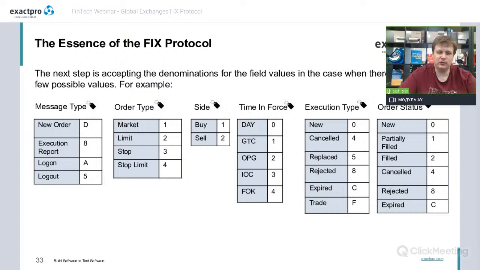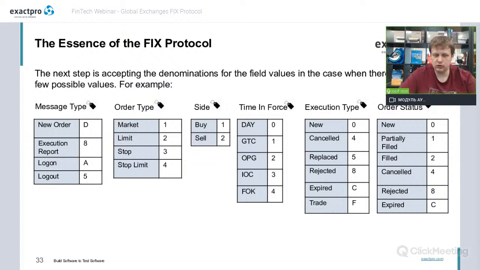For example, for the message type, it can be new order, execution report, log on, log out, and some more. But the selection of message types is limited. So we can use shorter values to represent different types.